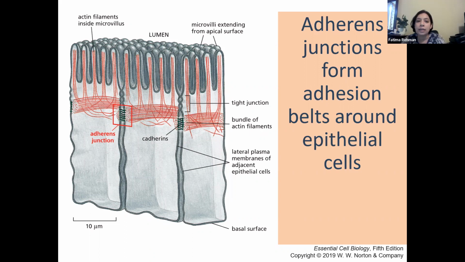You have all these microvilli at the apical side that are going to be taking in all the nutrients and all the glucose and everything from the environment. These microvilli will have that structure maintained and have the movement using actin filaments that are inside the microvilli, and they are going to be helping with that structural integrity and movement.